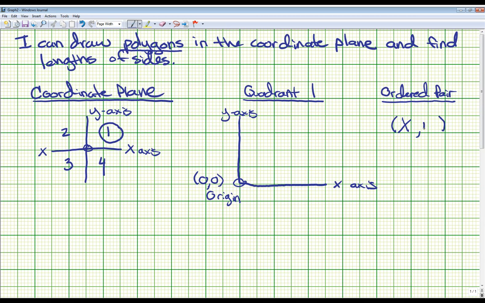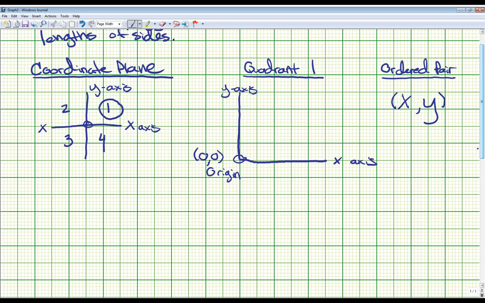And the second number is what we do on the y-axis, so that represents what we do up this direction. So we go over first, and then we go up. So with all of that being said, we can go ahead and talk a little bit about our work for this lesson with polygons.